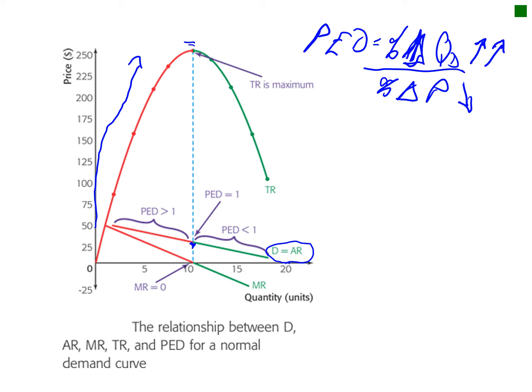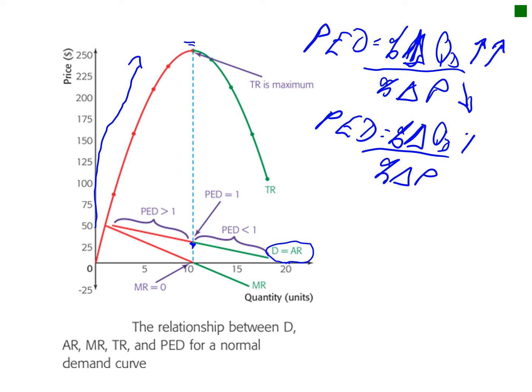Once you reach the point of PED being inelastic, we can see that we hit the maximum. Now, if we continue along the demand curve, again, PED equals percentage change in quantity demanded over percentage change in price. And again, we know that quantity demanded is going up, so price must have gone down in order to entice people to buy more.